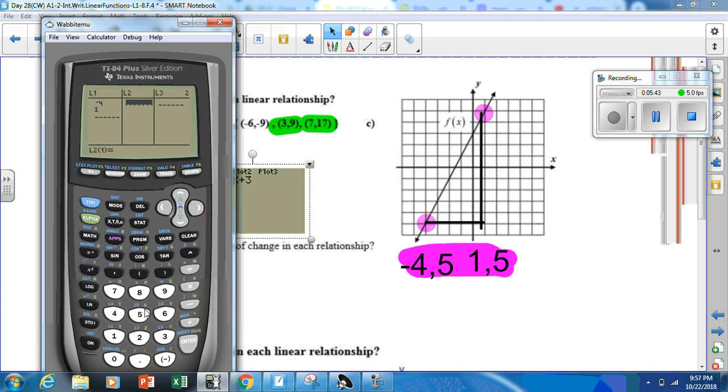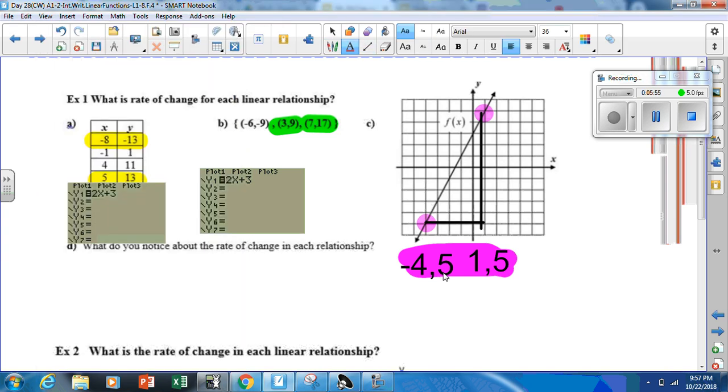I need a 5, hit enter, and I need a 5. Ooh, wait a minute. This shouldn't be -4 or 5. It should be -4. Wait for it. It should be -5. I'm glad you guys are catching my mistakes here, because I missed that.